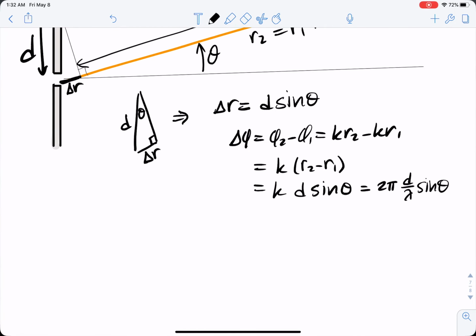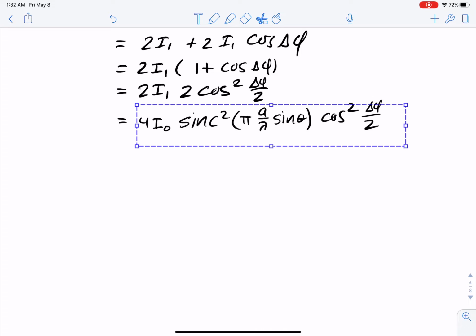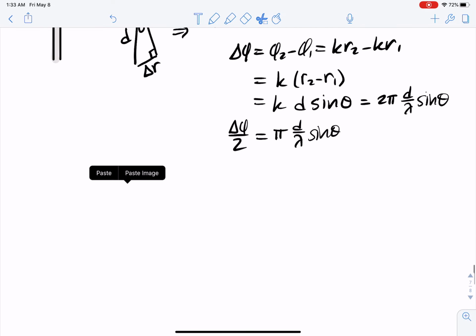So we can continue that, and then we can plug into that equation that we found before, and substitute.